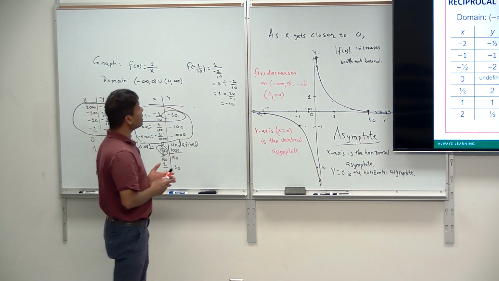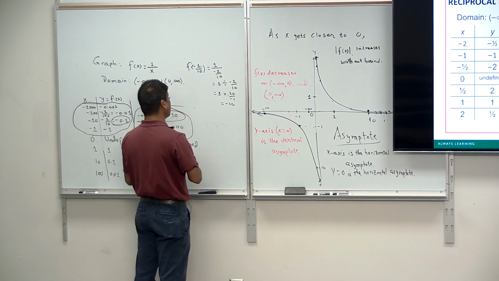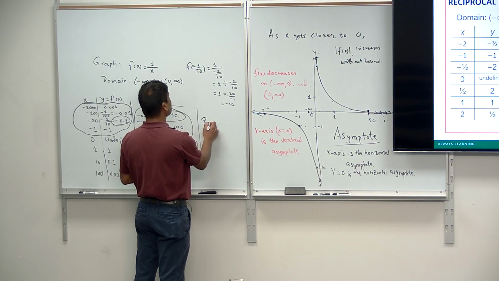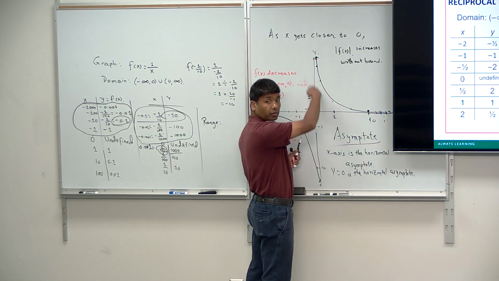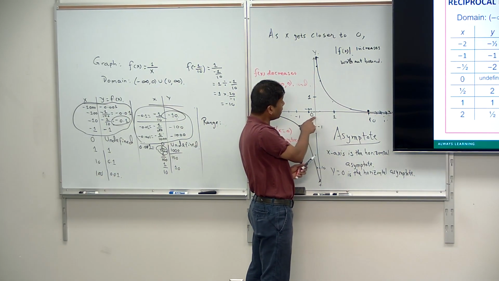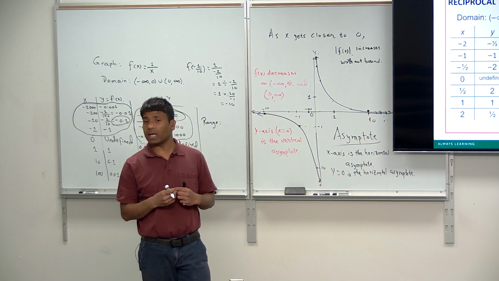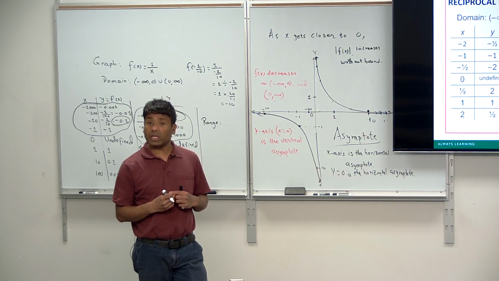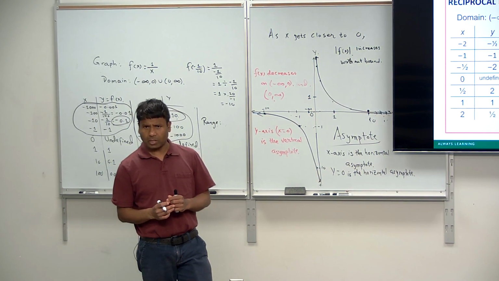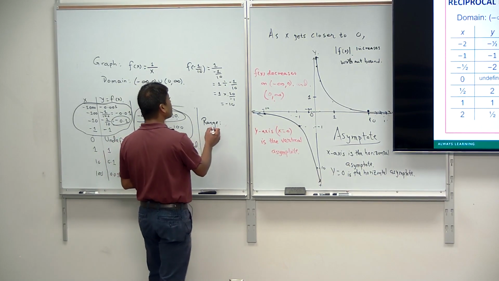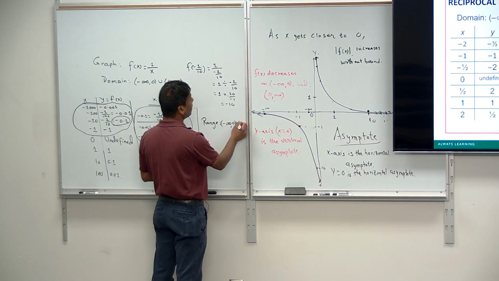And the domain, I think we already wrote down the domain. And the range is the set of y values. So if you look at the range, the function is good for every y value except 0. There is no x value for which the function value is 0. So that's why the range is (-infinity, 0) union (0, positive infinity).